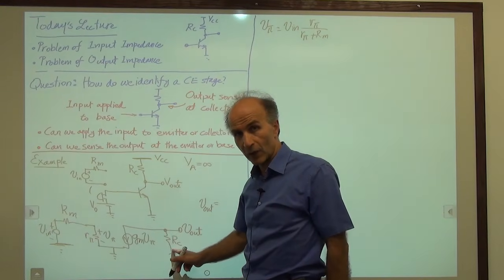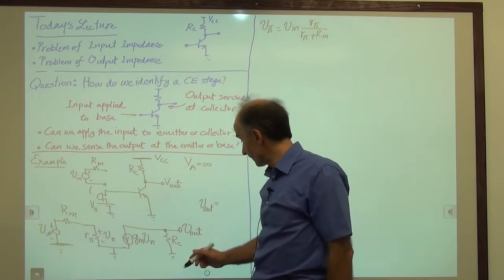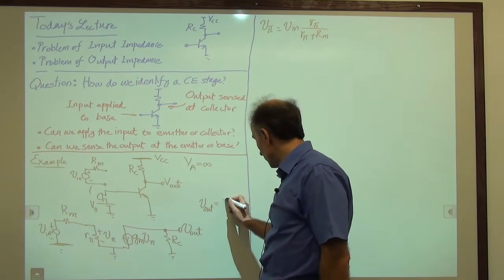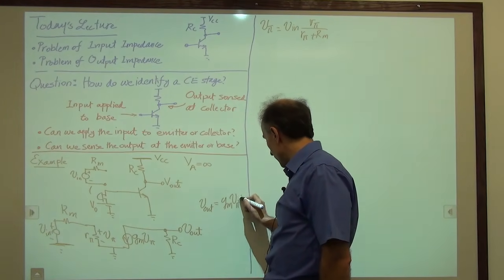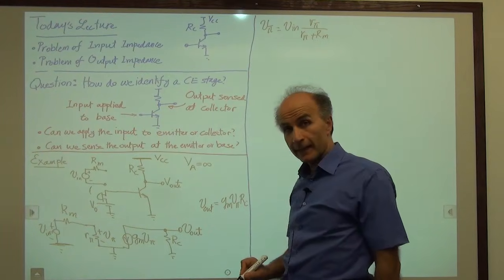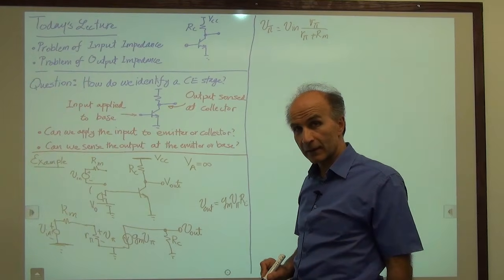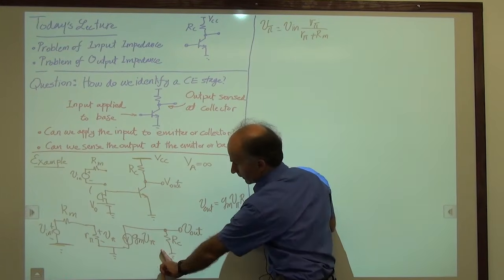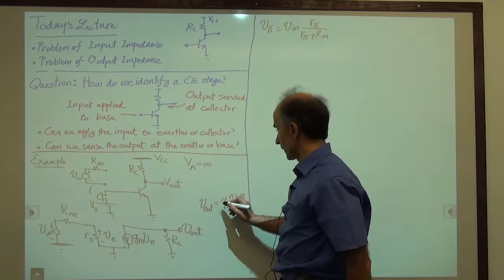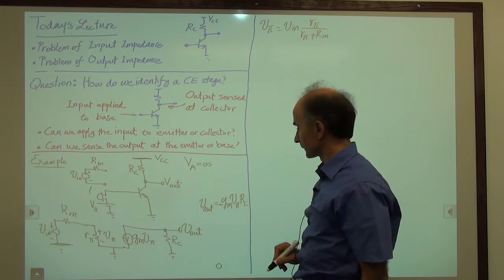This current has to flow through Rc. It has no other place to go. So it has to be equal to Gm V pi Rc, except that there is a negative sign. V out is from here to here, but this current is pointing upward. So we have a negative sign here.